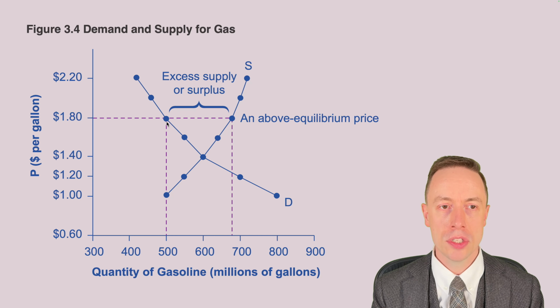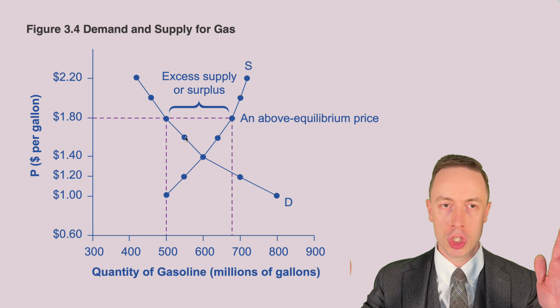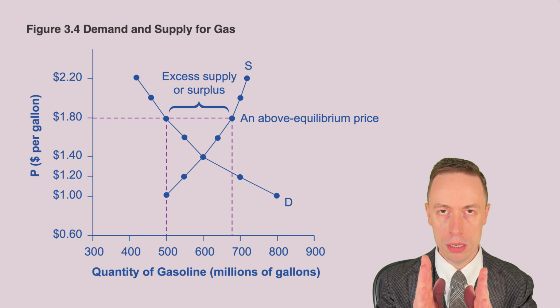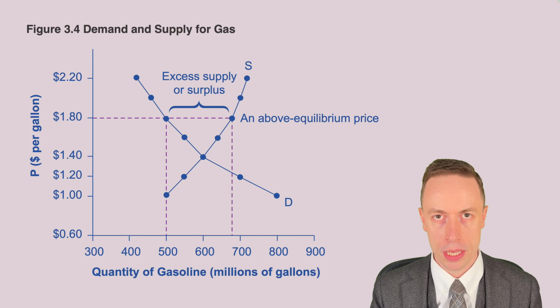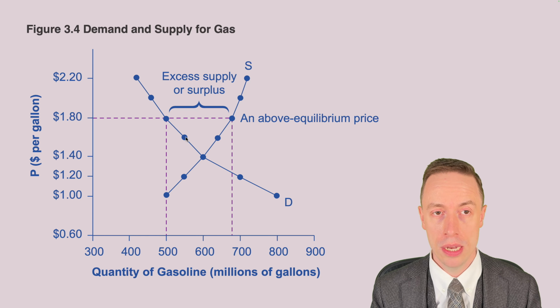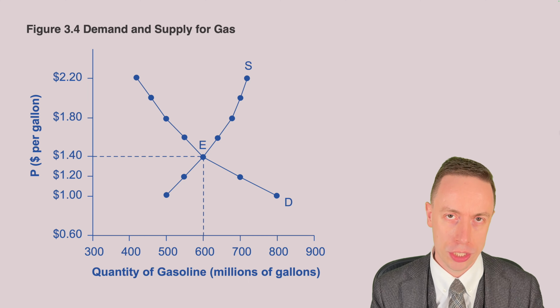Law of demand says quantity demanded increases, and we are going to see that surplus gets squeezed from both sides and gets smaller, but it's not fully eliminated. The downward pressure on price is not gone until we are down at the equilibrium condition.